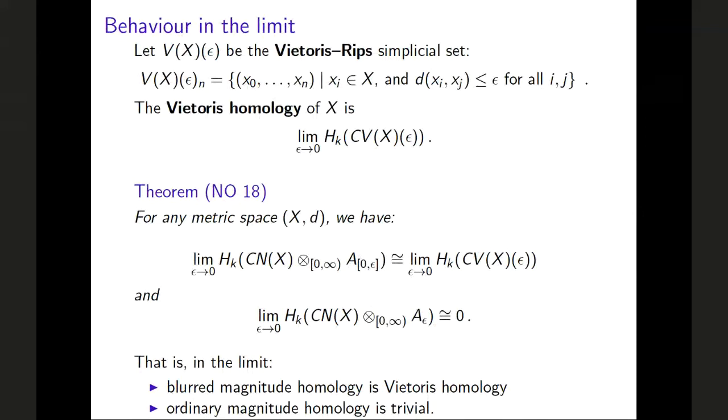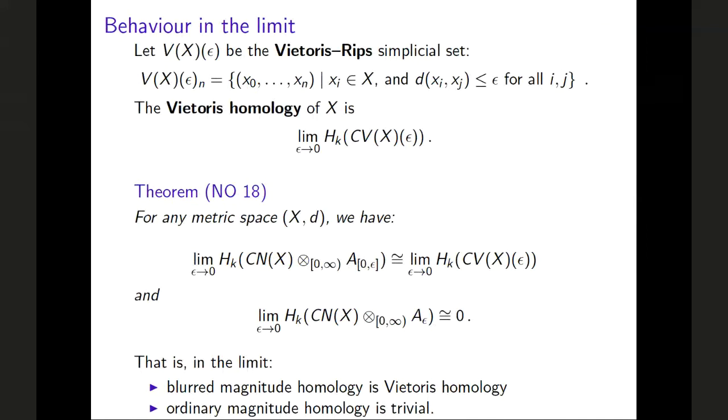We have this, for example, in a filtered simplicial complex, or in this case, simplicial set. Ordinary magnitude homology forgets that information, whereas in the blurred version we are actually keeping track of it. If we are approximating the space in this way, that is vital information that we want to keep track of, as we do in persistent homology.